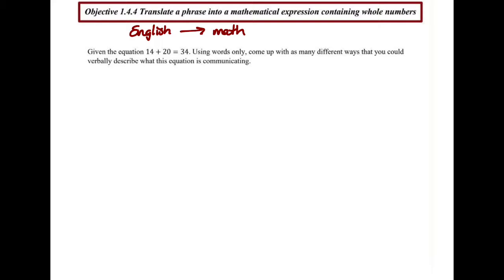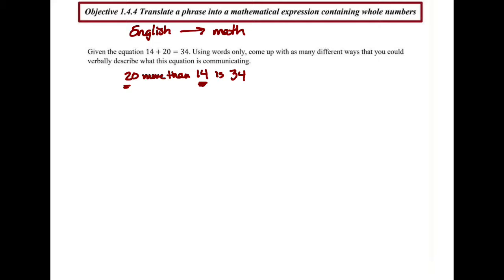How about 20 more than 14? Does that make sense? More than means you're going to add it on to, right? 20 more than 14. We started with 14, we added 20. Is 34.